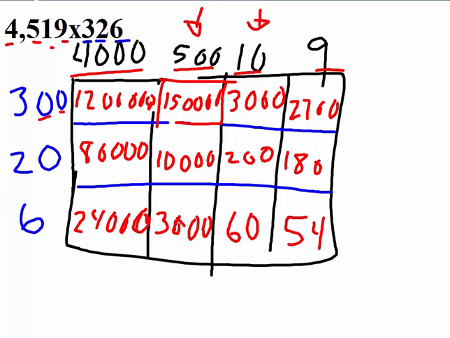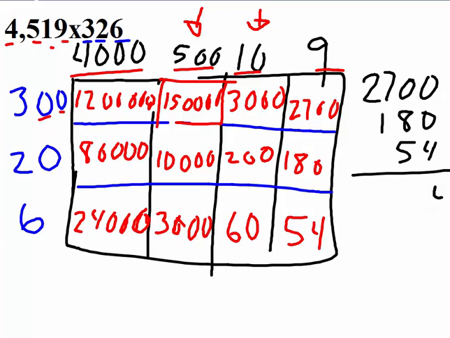So now what I do, I add them all up. So I have 2700, 180, 54, 4, 3, 9, 2. So this is 2934.